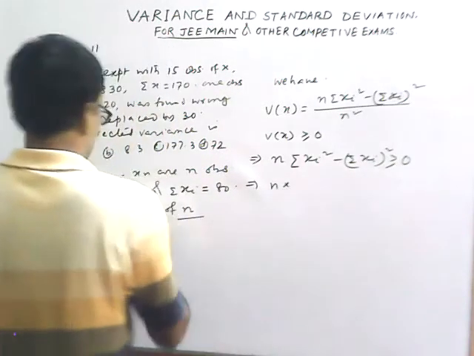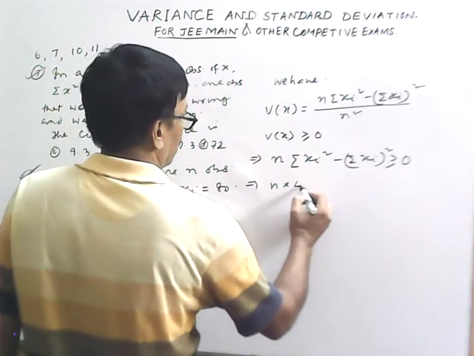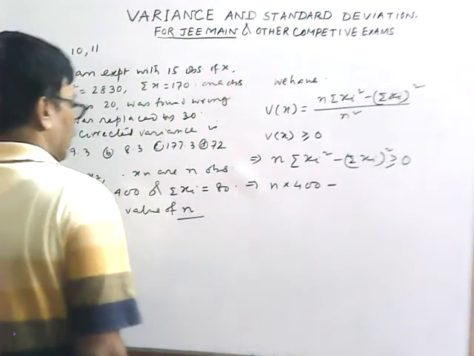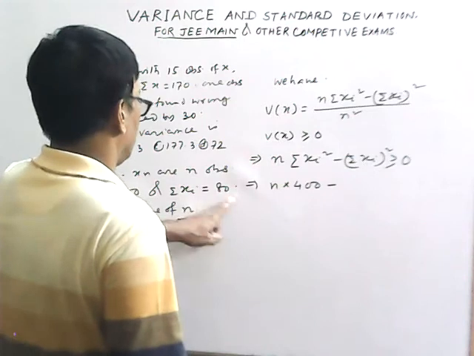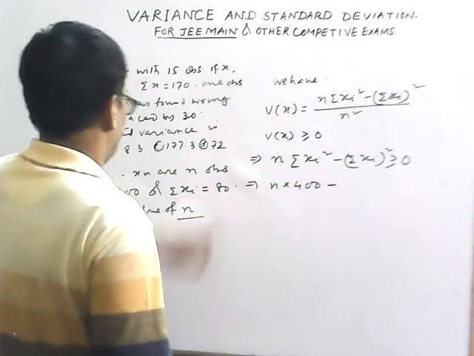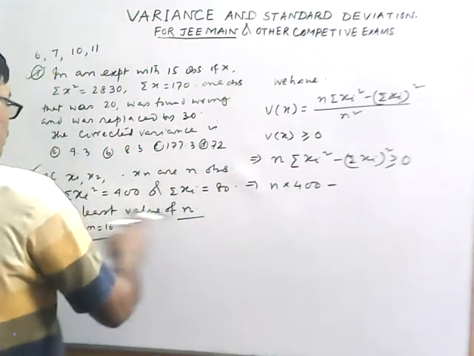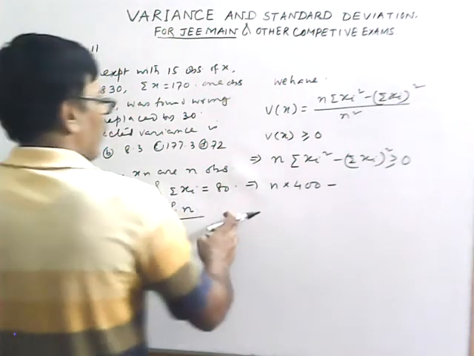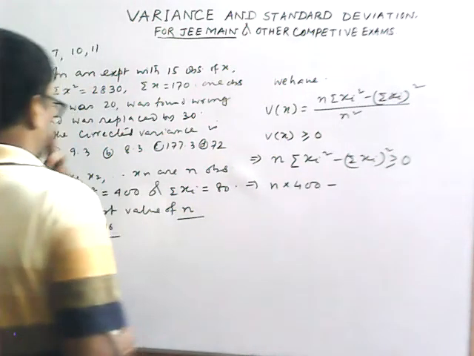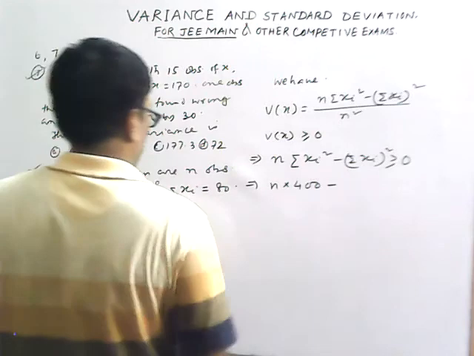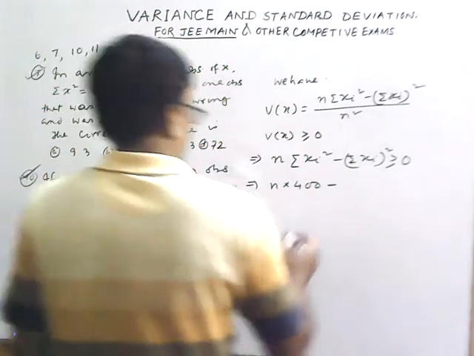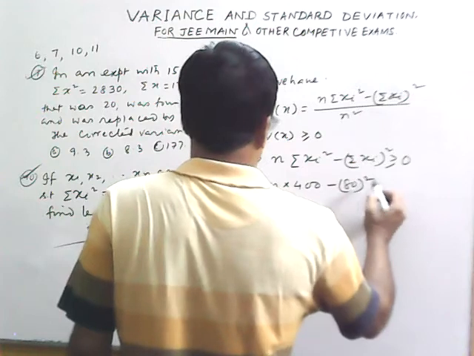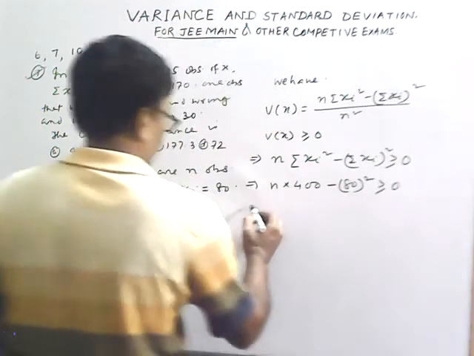So n into 400 minus, what is summation xi? Summation xi is 80, so 80 whole square, greater than or equal to 0.